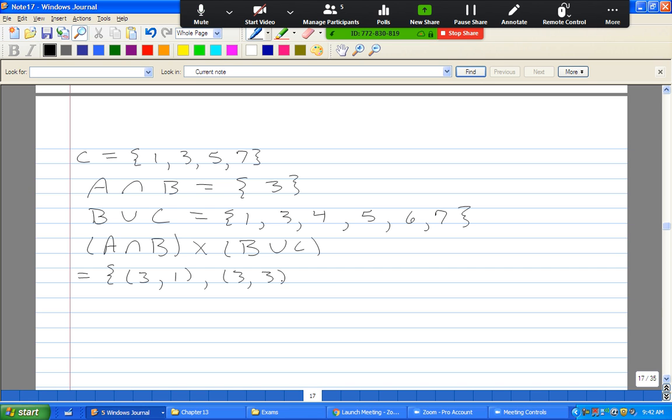So 3, 3, 3, 4, 3, 5, 3, 6, 3, 7. And that is my Cartesian product.